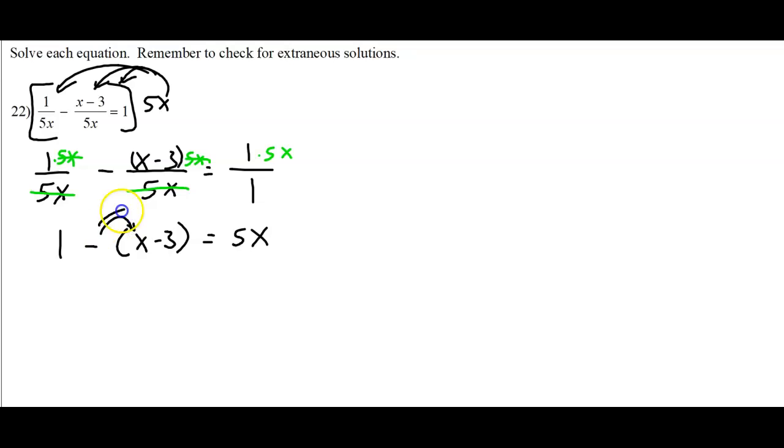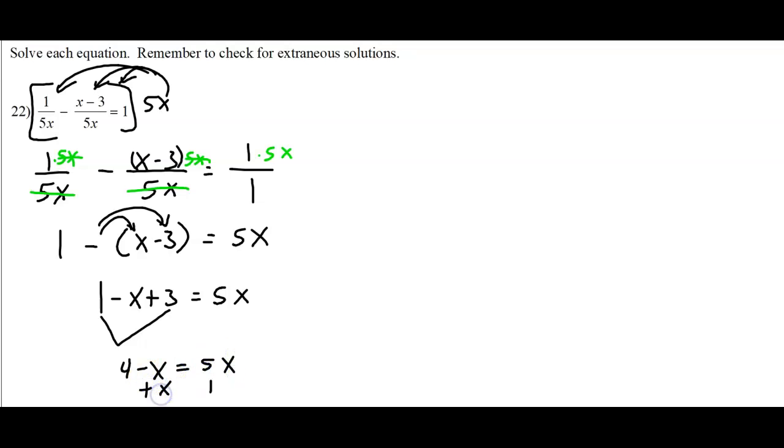Then we want to distribute the negative here. Combine the 3 and the 1 there to make 4. Add the x. And we end up with 4 equals 6x. Division will give us 4 over 6, which reduces to 2/3.